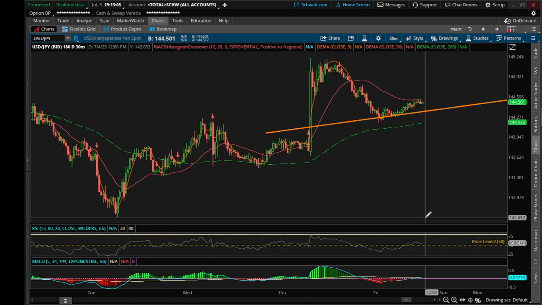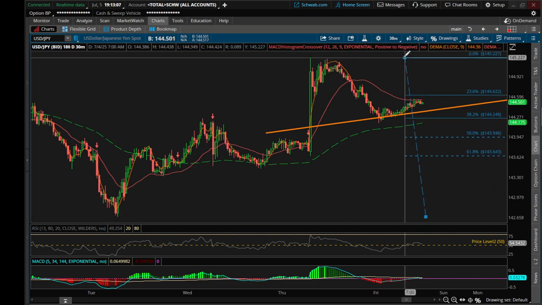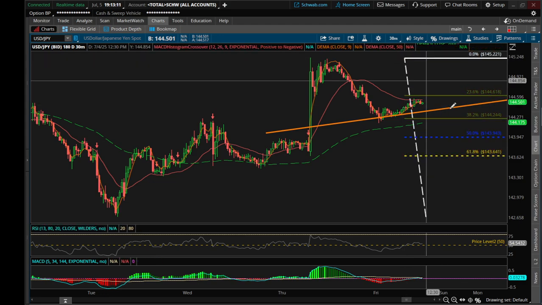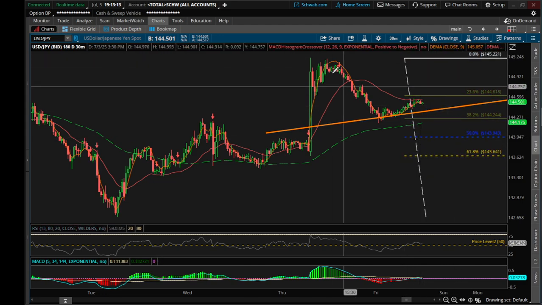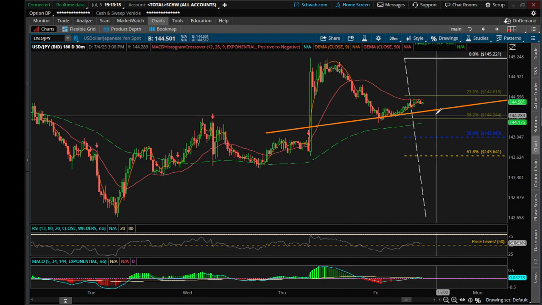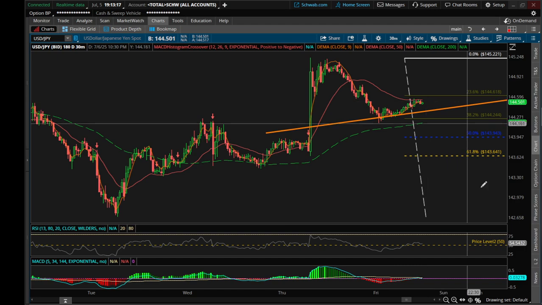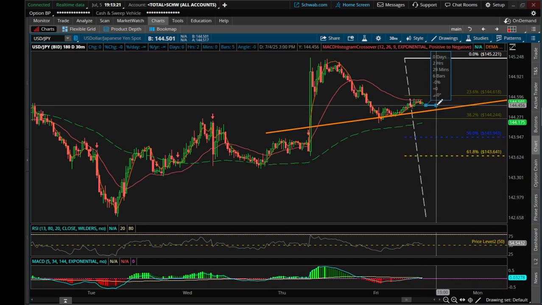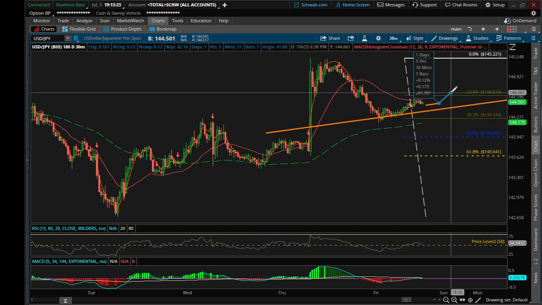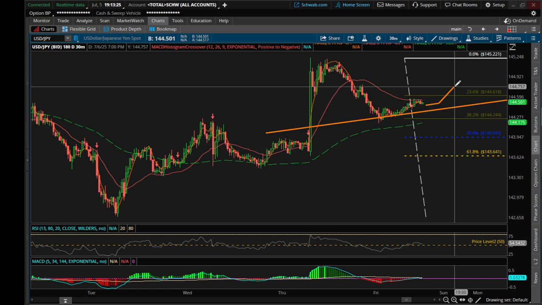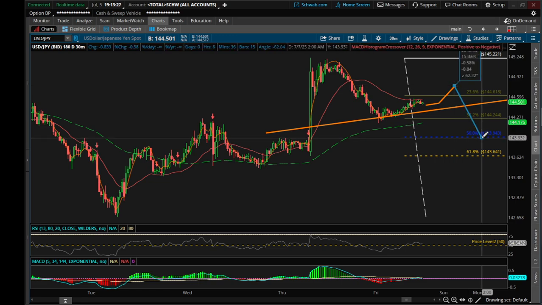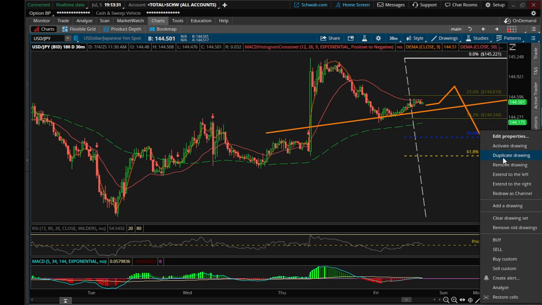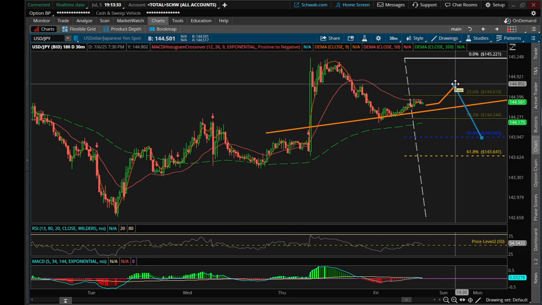a bigger retracement. Because if it is a triangle, you'd more likely than not see at least a 50% retracement from this move here, and we haven't hit it. We hit only the 38.2. So sideways up to 147.75, somewhere around there, then we fall down, and then we go up for that D leg.